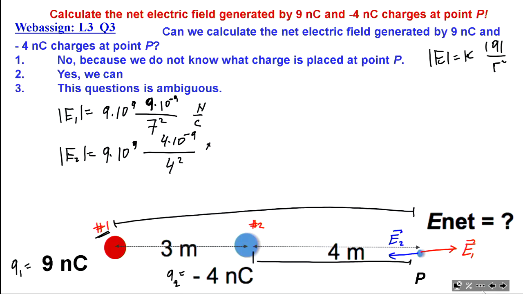Well, we can, a Newton over a Coulomb. We can simplify, right? So what can we do? Here and there, we can cancel these factors, which is a good thing. And now we have 81 over, what is it? 63, 49.